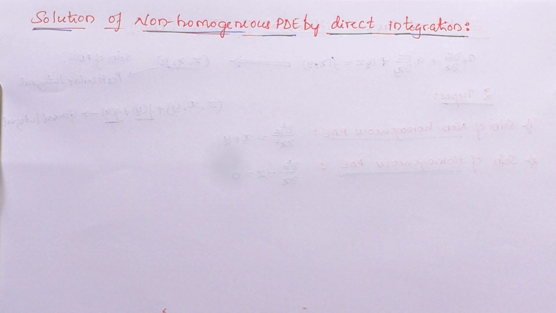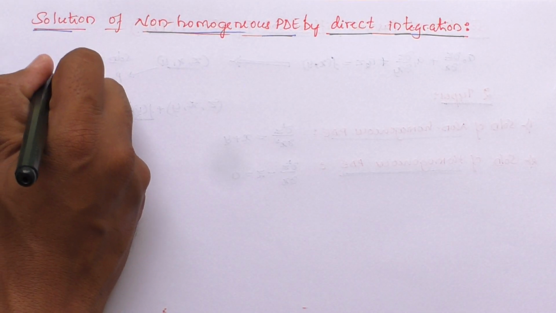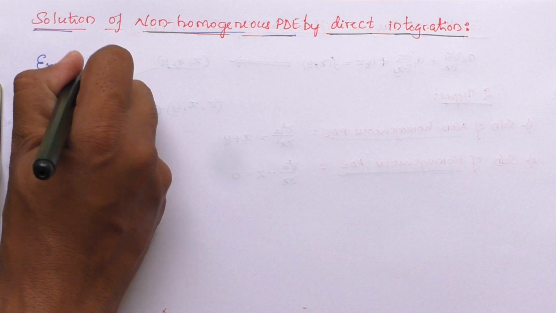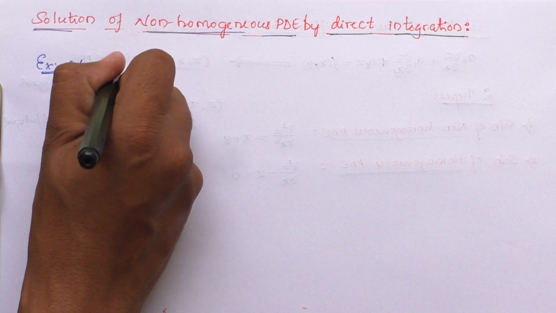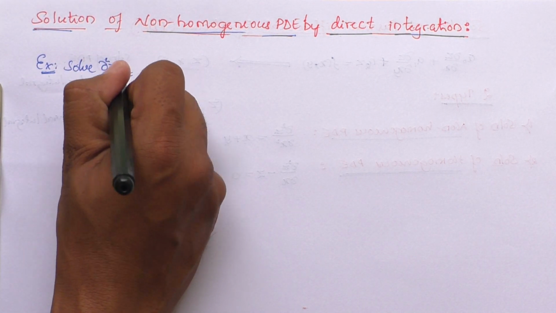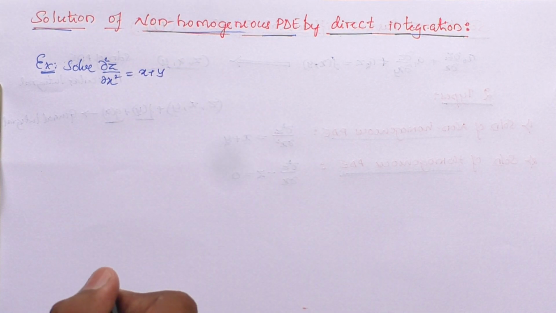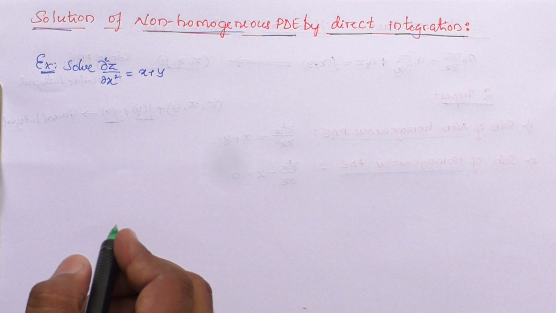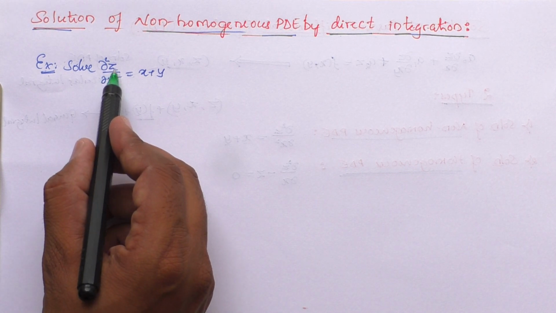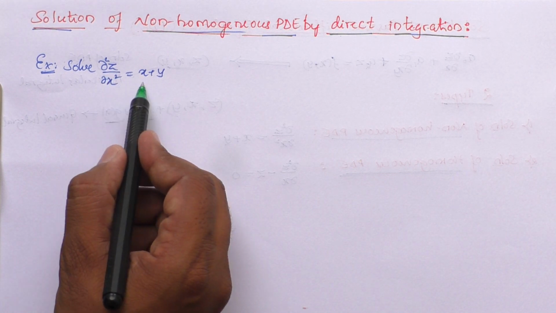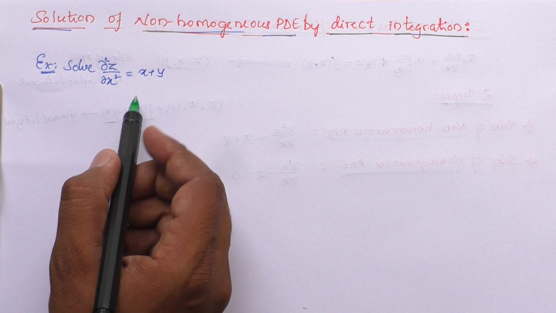Let us understand through some basic examples. Example: solve ∂²z/∂x² = x + y. It has z, x and y, so it is called a non-homogeneous PDE.